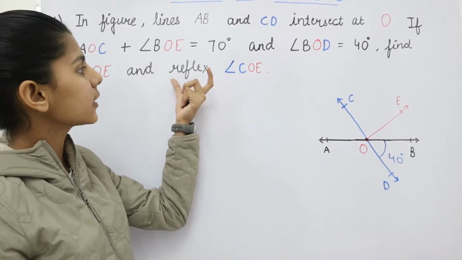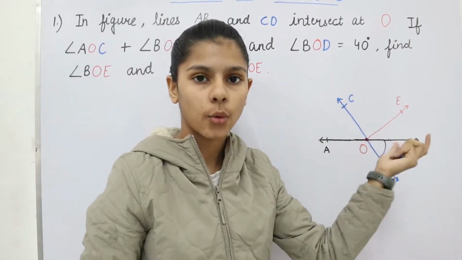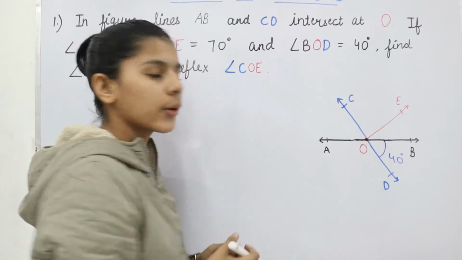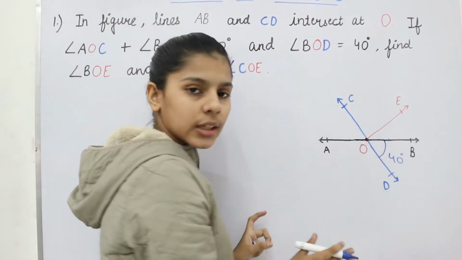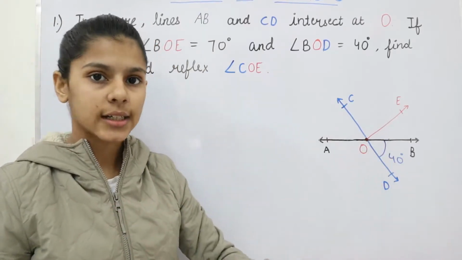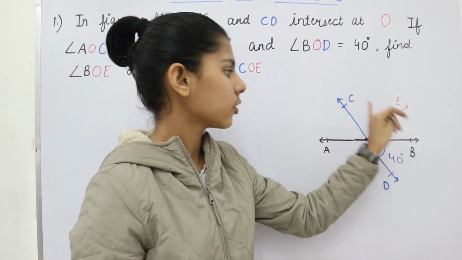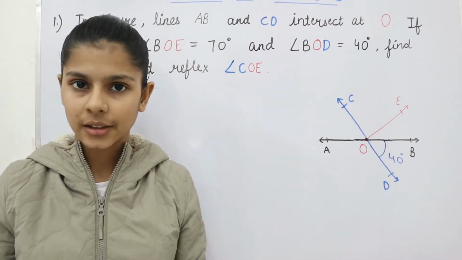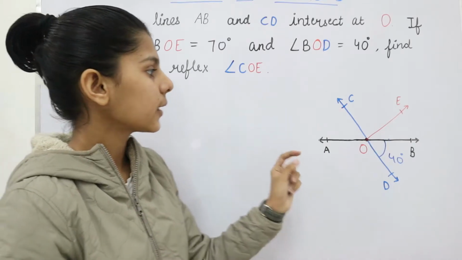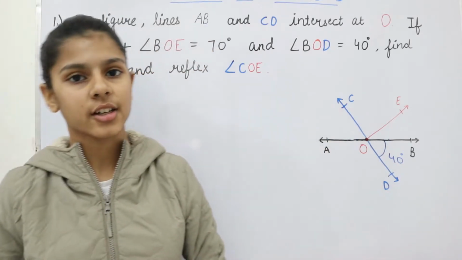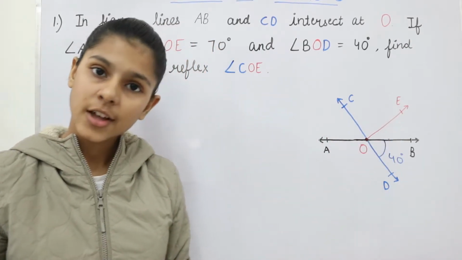For calculating the reflex of COE, we will first find the angle COE. So how are we going to find it? We know that AB is a straight line, and whatever angles form on it, their sum will be 180 degrees. As we have studied about the linear pair, the property is that angles on a straight line always have a sum of 180 degrees. So all these angles will have a sum of 180 degrees.